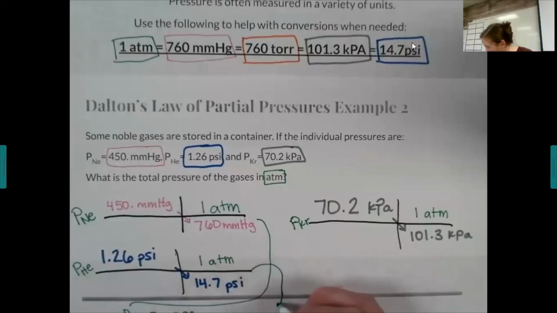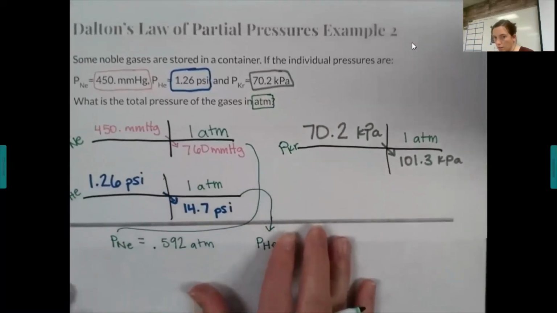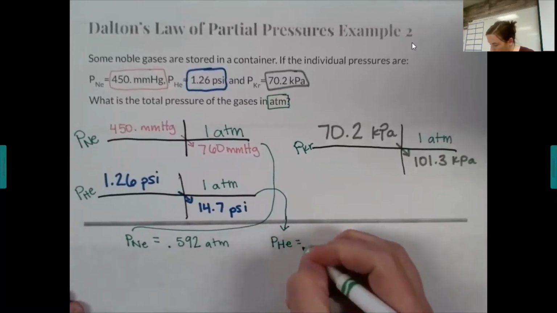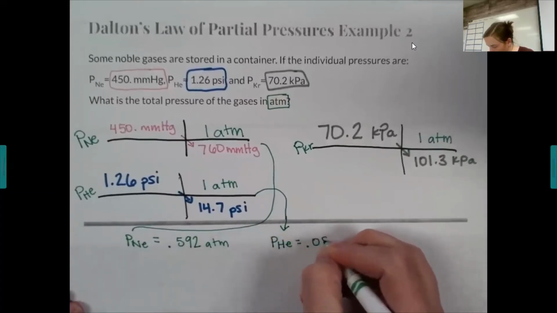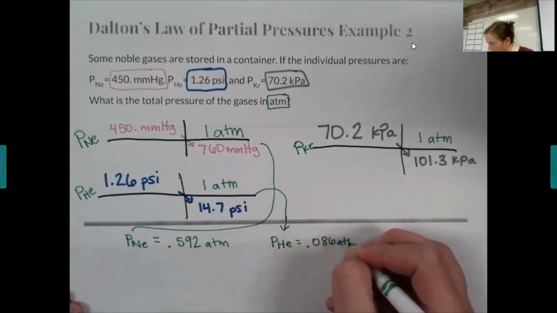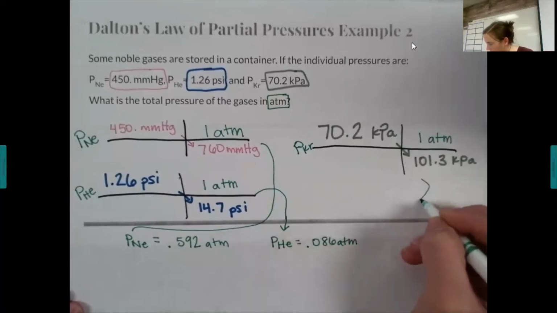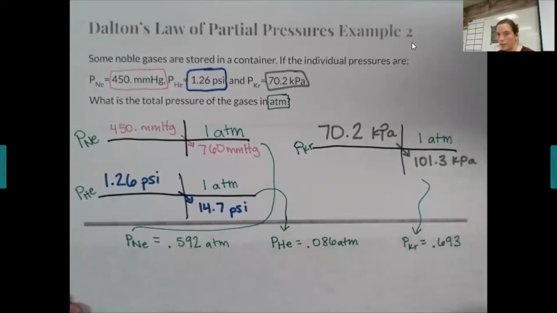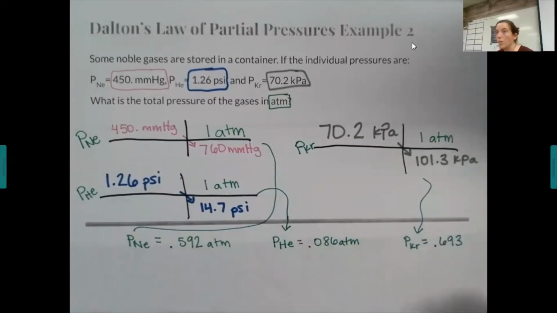P helium is equal to 0.086 atmospheres. And this last one, P krypton, is equal to 0.693.